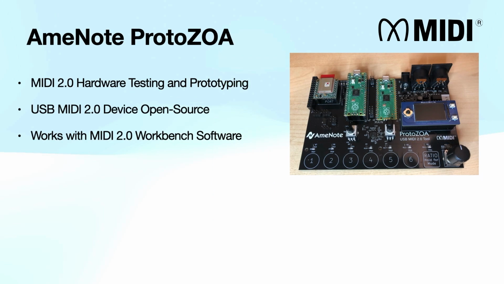The Protozoa from Ominote is a MIDI 2.0 hardware testing and prototyping platform based on a Raspberry Pico. The Protozoa acts as a USB MIDI 2.0 device, and the source code for that is provided as open source. The Protozoa works very closely with the MIDI 2.0 Workbench software.